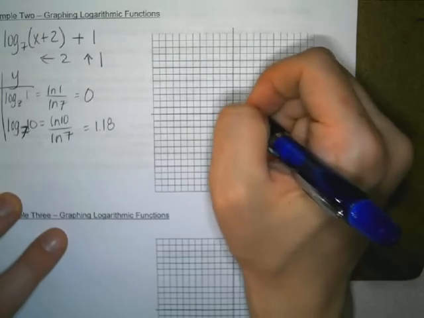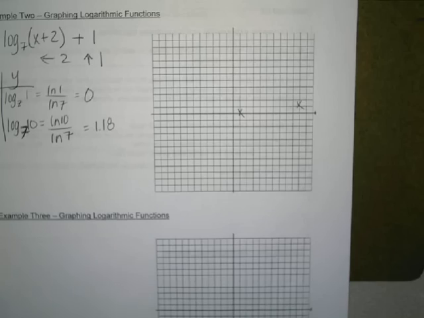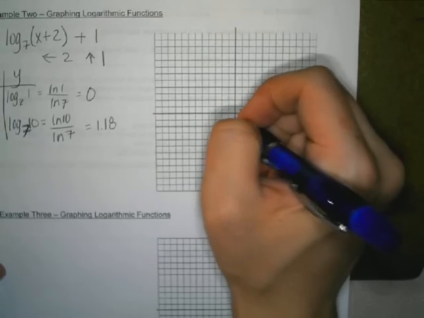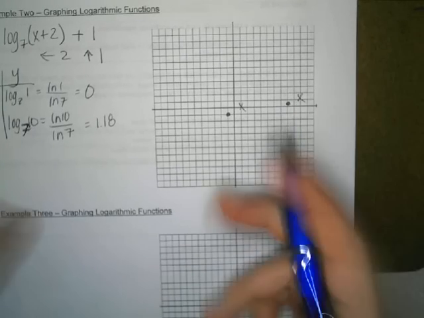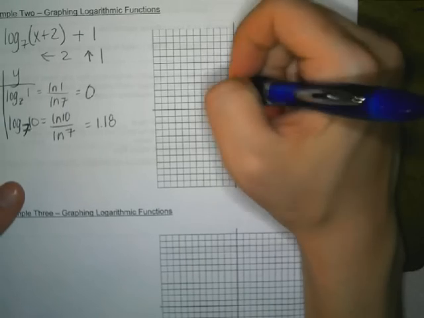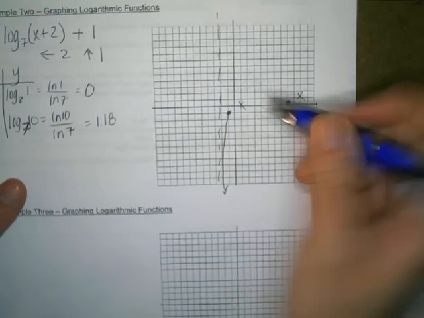So I'm going to go ahead and plot those. And then we're going to shift those left 2, up 1. And then because everything shifted left or right, the asymptote has to also shift left 2. And the graph will follow your points.